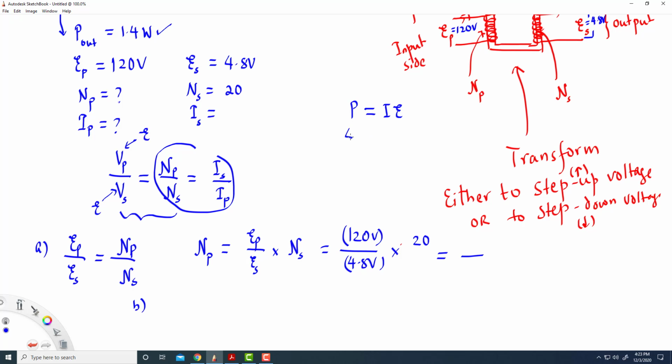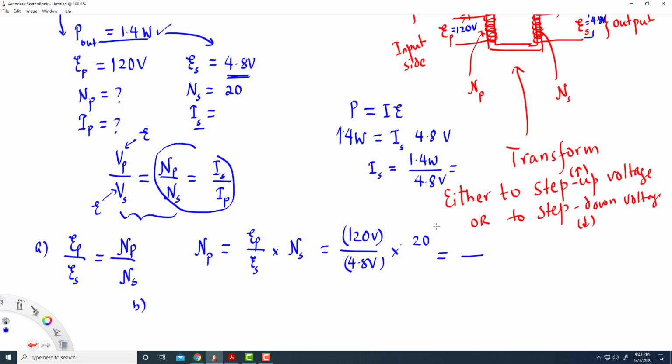So power is 1.4. And this power is the power on the output side. So power output is 1.4 watt, and I on the output side is this IS, and E on the output side is 4.8. So that means IS would be 1.4 watt over 4.8 volts.